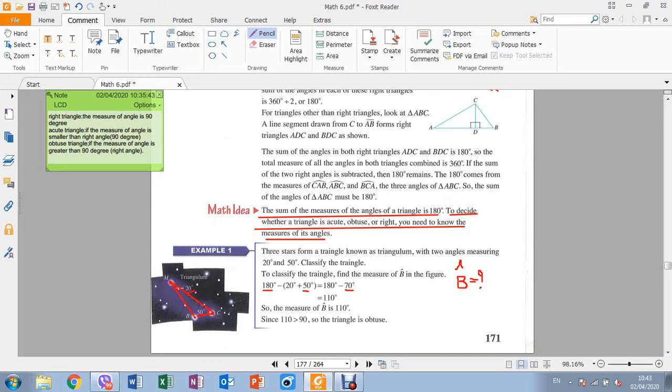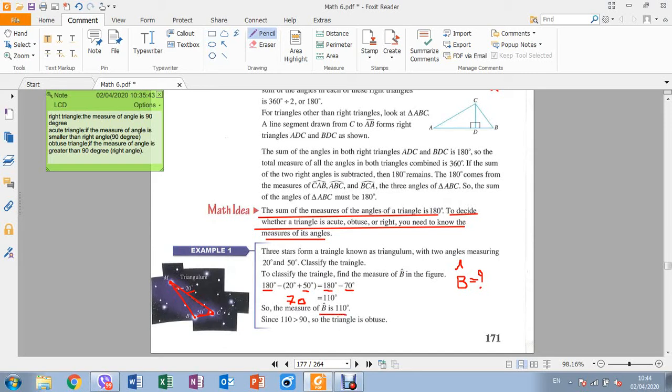If I want to find the other angle, I have 180 minus these 2 angles that we added, 20 plus 50, which is 70. Then 180 minus 70 is equal to 110.